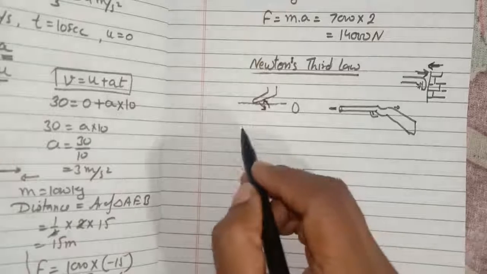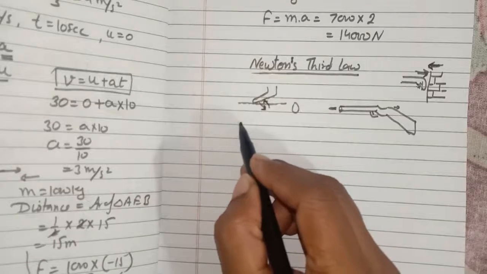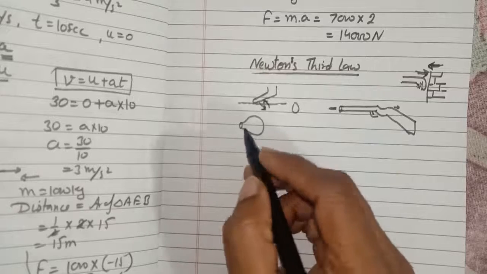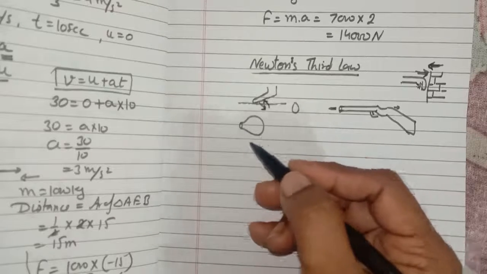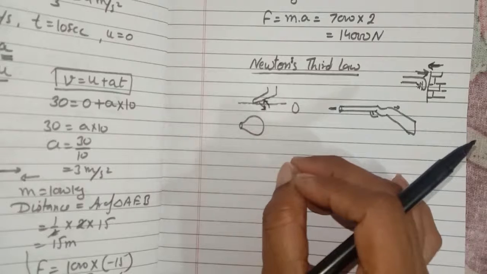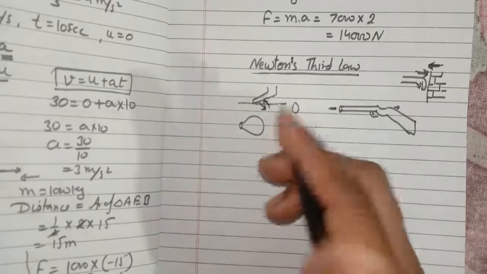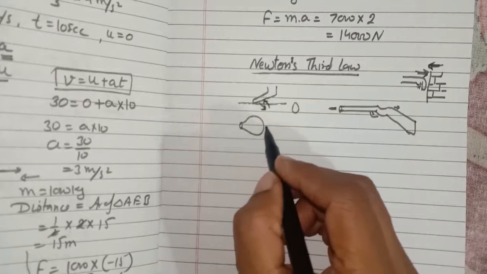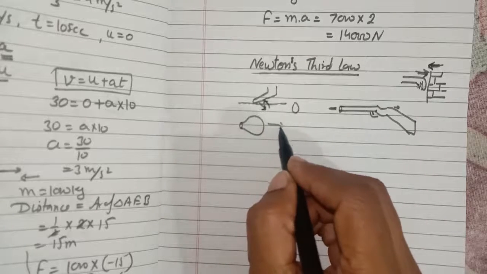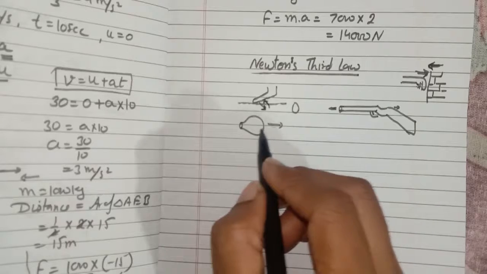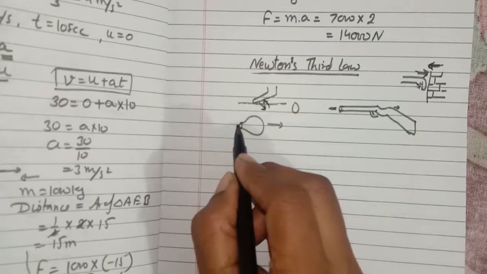More examples are, if we take this balloon, or suppose we just open the balloon, we open the thread here. So what happens, this balloon moves in this direction. So why does this balloon move in the opposite direction, opposite to the motion of the gas?